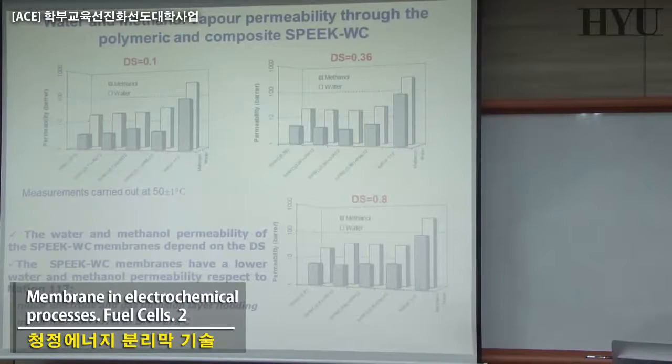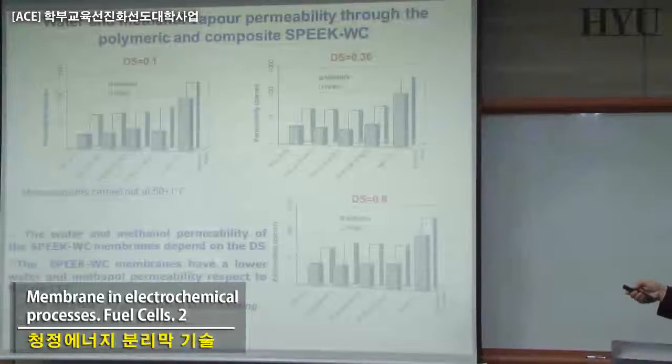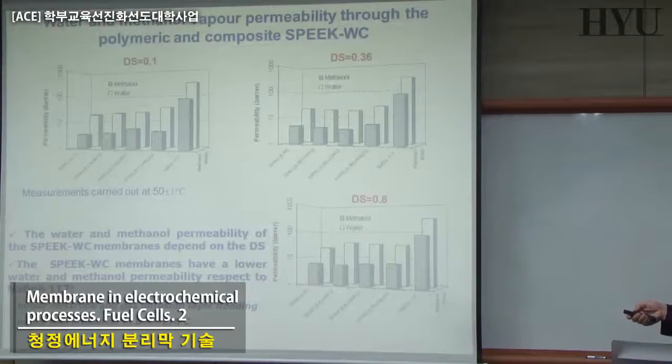And if you look at the results, you will see here that in any case, Nafion, this last one here, has a much higher permeation than the different other membranes with this kind of PEEK charged with different kinds of superacid. In this case, a lower value means a better value.